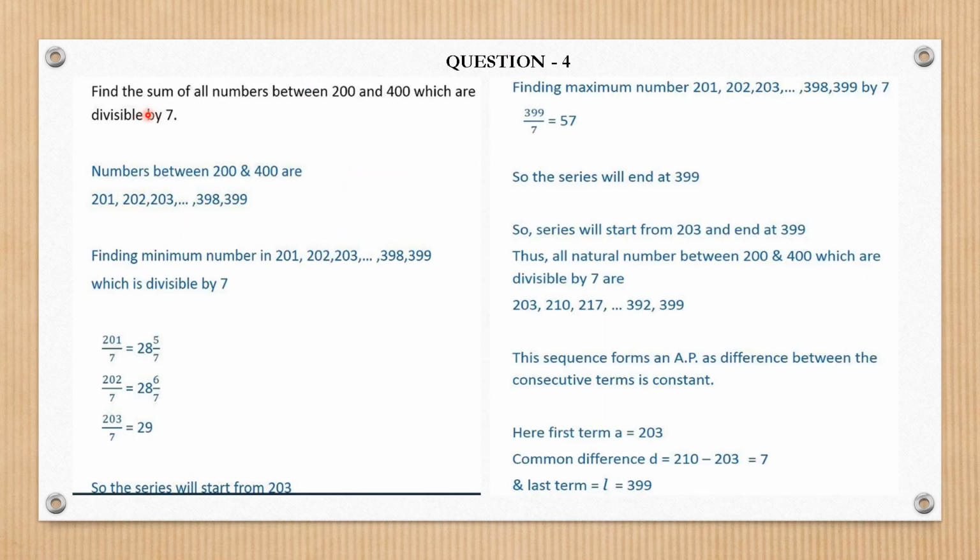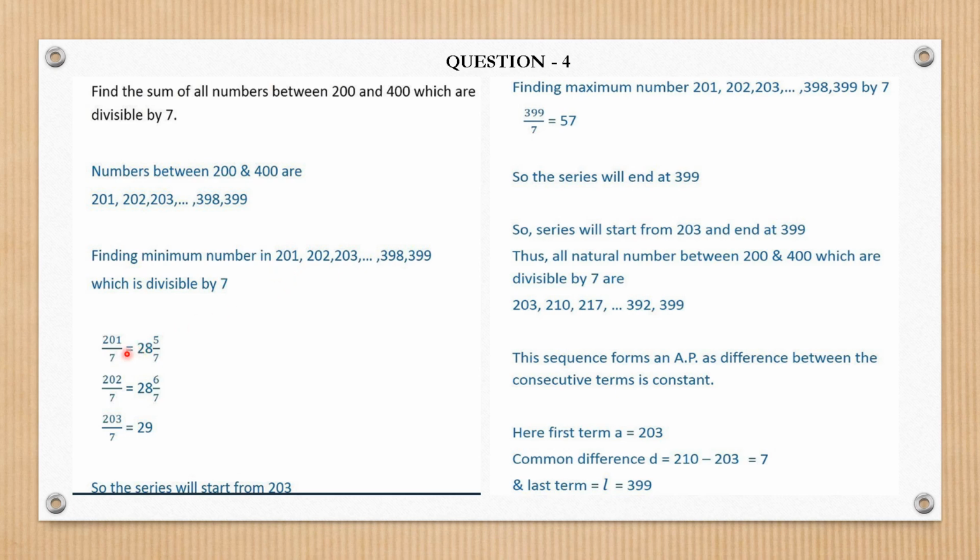Question number 4 is: find the sum of all numbers between 200 and 400 which are divisible by 7. You know the numbers between 200 and 400 are 201, 202 up to 399. But the number should be divisible by 7. Let me just execute it in my mind, which number is exactly divisible by 7.